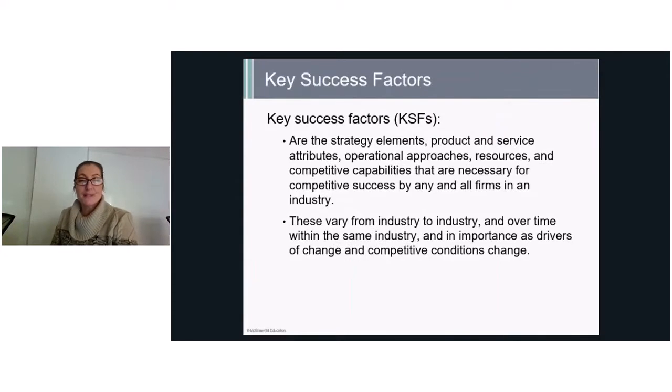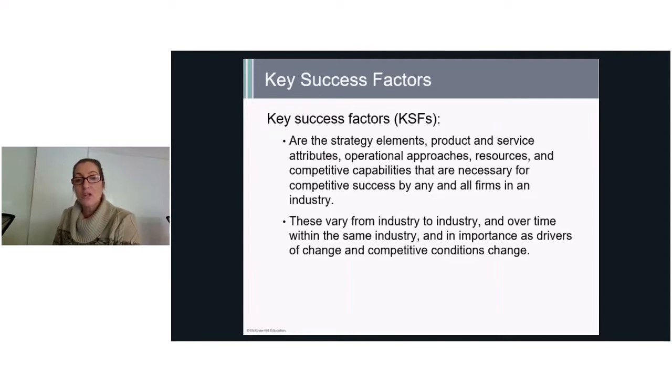We can also look at key success factors, and these are strategy elements, product and service attributes, operational approaches, resources, competitive capabilities necessary for competitive success by any and all firms in an industry.